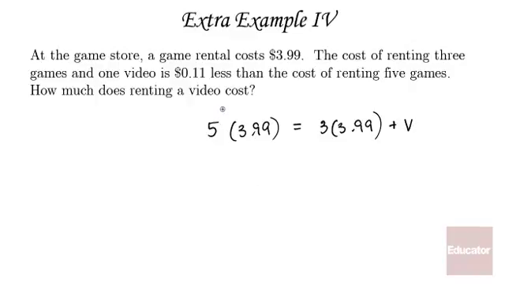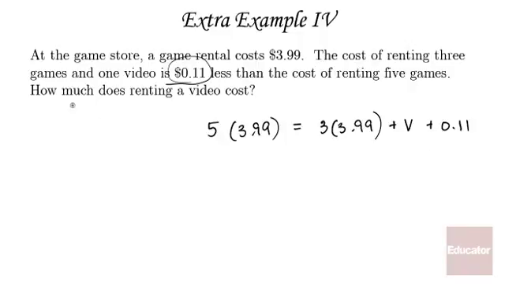So to bring me up to the same price as renting 5, I'm going to add the 11 cents that it would be less. Because remember, since we're setting an equation, we need both sides to be equal. The difference between the price is 11 cents, and the video rental and the 3 games is 11 cents less. So if I tack on the 11 cents, then they can both be equal on both sides.